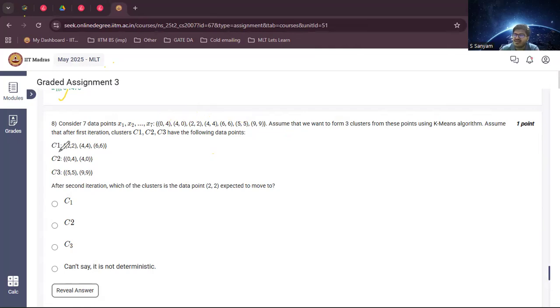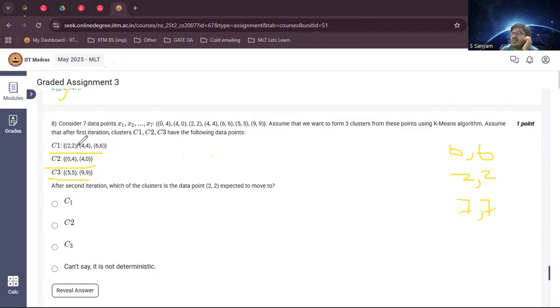It has already been given that these are the first random assignment. Now we have to calculate the mean for every cluster. 2 2, 4 4, 6 6: the mean will be equal to 12 12 divided by 3, so first mean is 6 6 for cluster 1. Second mean is 2 2. Third mean is 7 7.